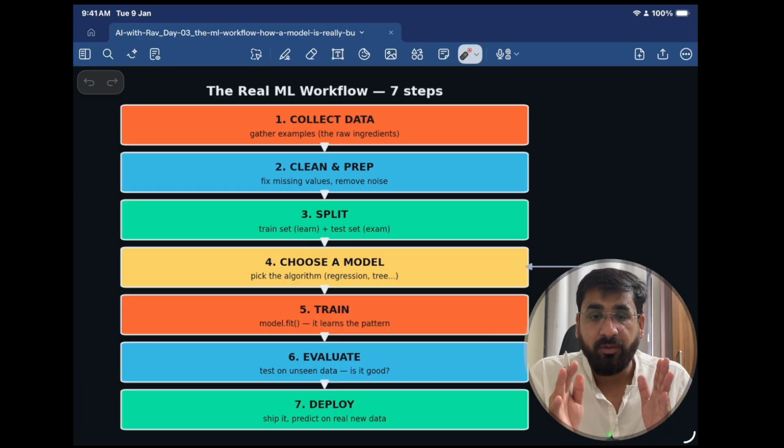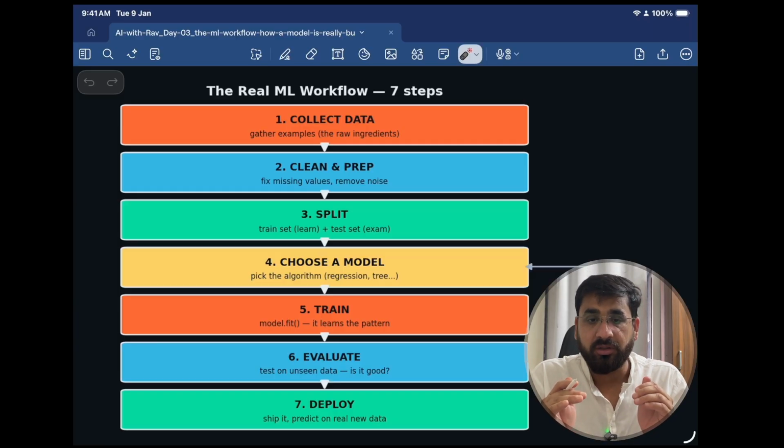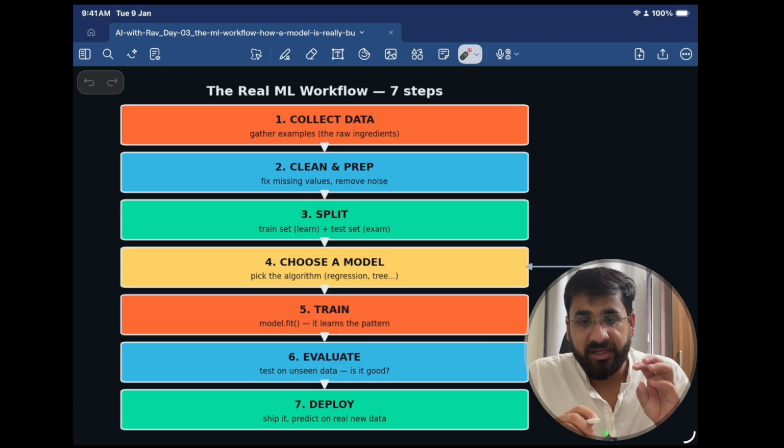Now say you have 100 data points and you are going to train your model on them. No, what you will do is split that. You will take 80 on which you will train, and you will check the results and the predictions that the model gives on the other 20.